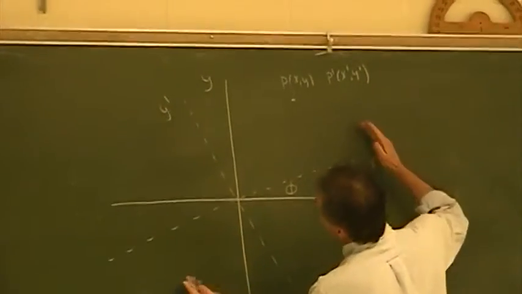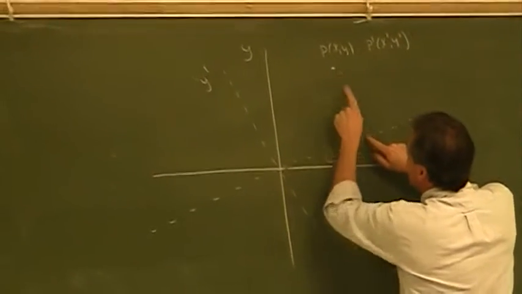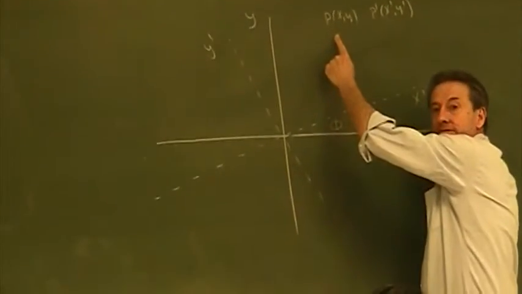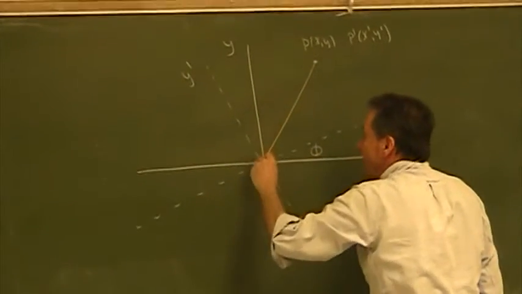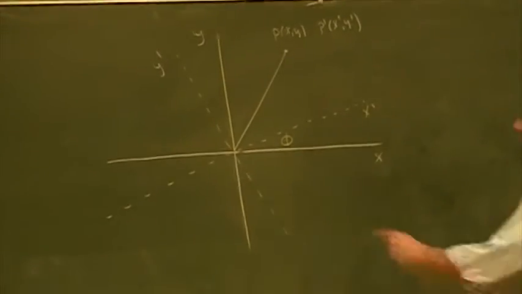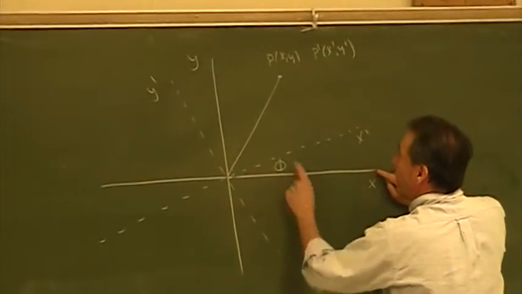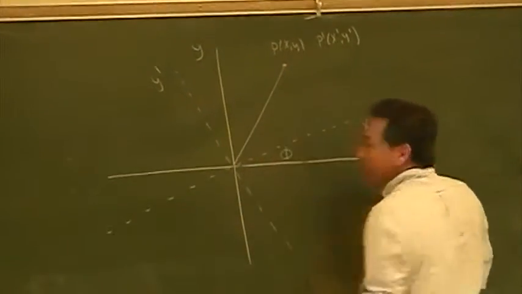But if you turn your head, this coordinate has this x prime coordinate and this y prime coordinate. Isn't that like the ray that goes to that point? So I can either go on x over this far, up that far, or I can rotate and go over this far and up that far.